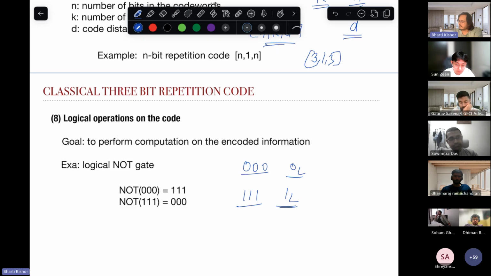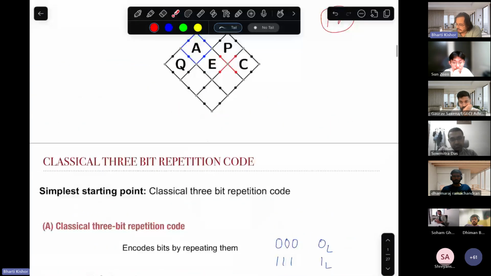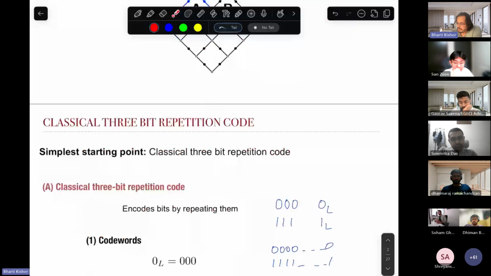In a regular case, the NOT gate takes you from 0 to 1. Here, the encoded NOT gate will take 000 to 111 and 111 to 000. So that's what the logical operation on the code means. I think that completes the first part, which was about the classical 3-bit repetition code.